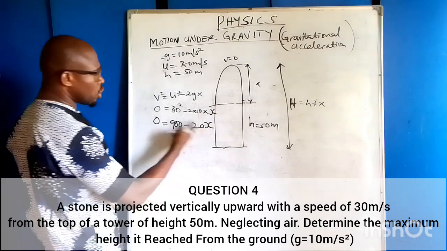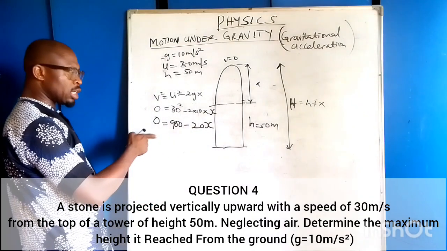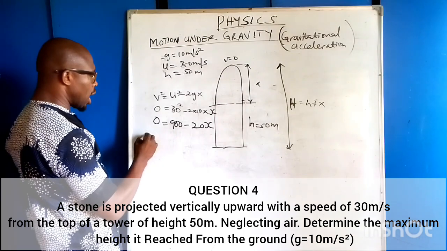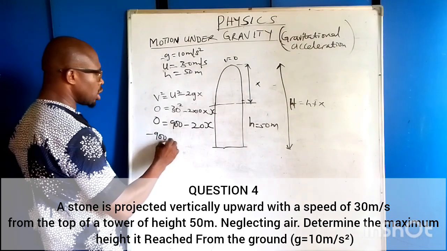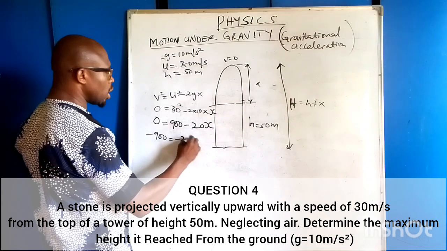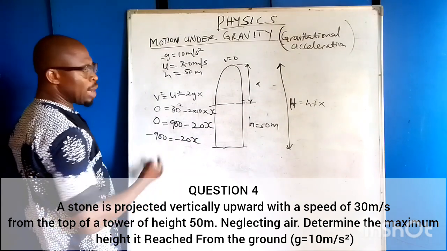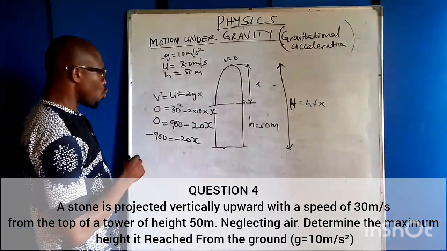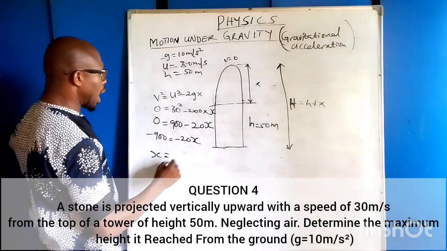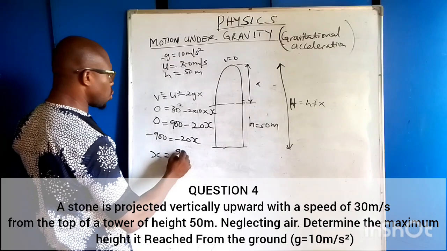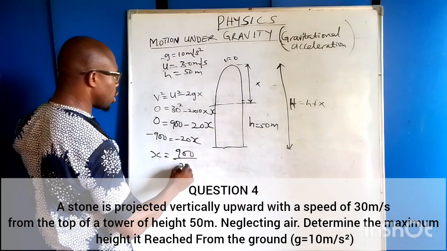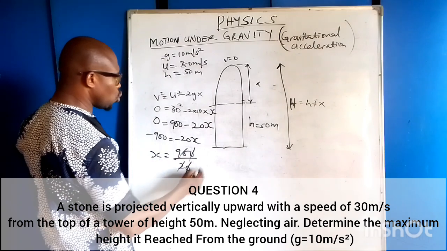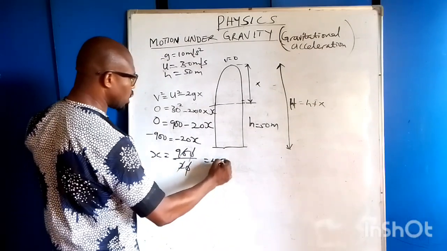Now we can move this one to this side, whichever way. If we move this one, we now have minus 900 is equal to minus 20x. Now we multiply both sides by minus 1 so that the negative signs go, and we now have x is equal to 900 over 20. And of course, 90 divided by 2 will give us 45 meters.